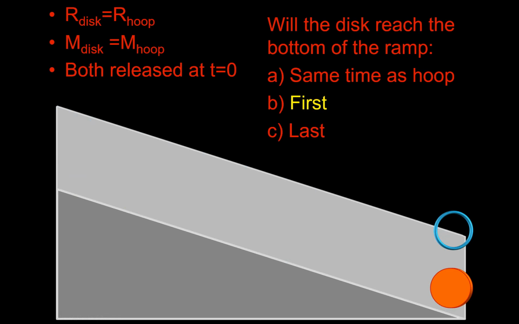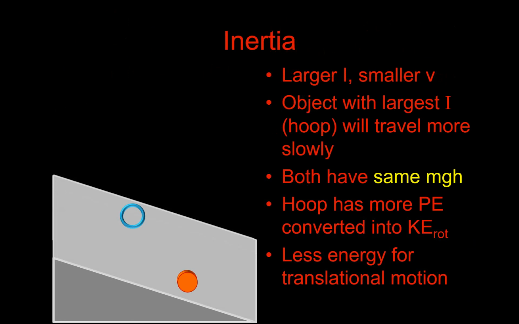But how does this happen, Dr. Horn, you incredibly talented polymath, you may be asking? Well, both are given the same amount of energy in terms of mass times gravity times height, mgh, gravitational potential energy. And that is converted into kinetic energy for both of these.